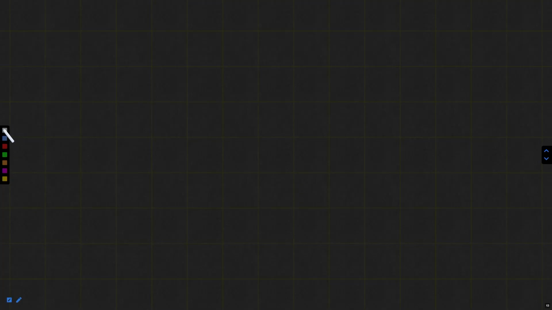Let me give you an example so you can also understand. Let's say your interior angles are 60 and 120 on one side, and 100 and 80 on the other.